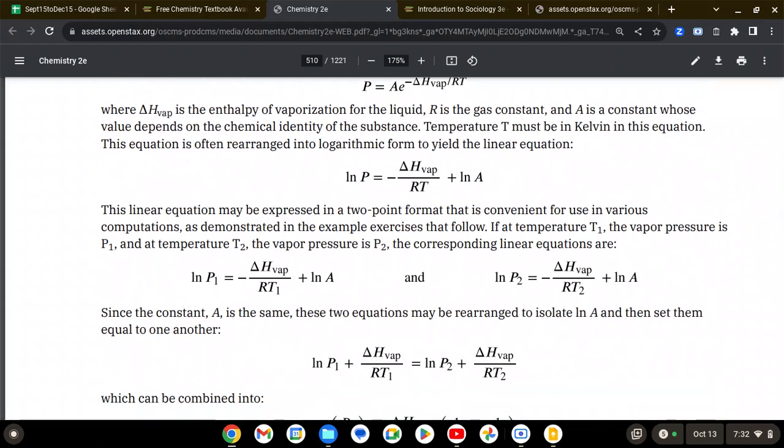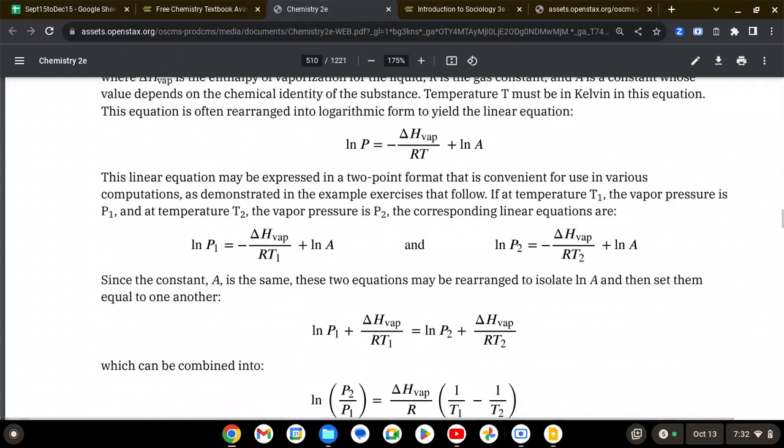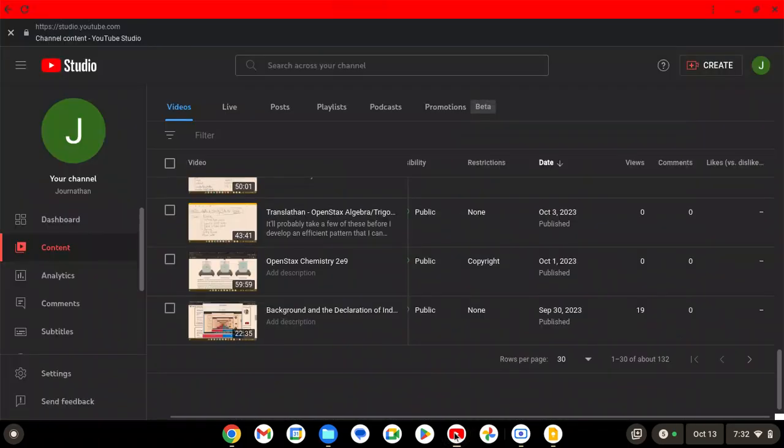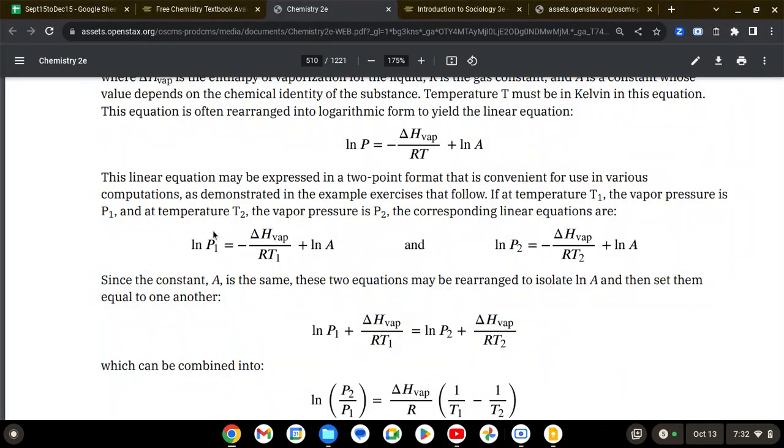Pretty cool little thing. And then if you decide to do it under two different circumstances, that's where these equations come in, let me draw circles around these equations right here, and this one here.